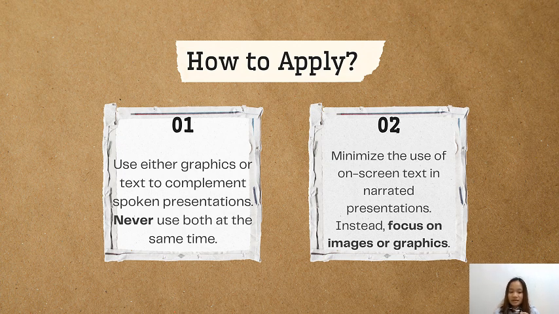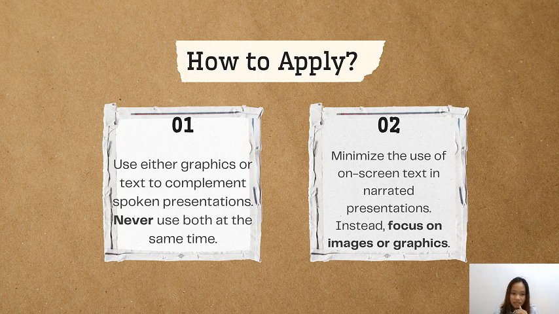Next step, minimize the use of on-screen text in narrated presentations. Instead, focus on images or graphics. Just like what I have stated earlier, there are a lot of common mistakes among presenters that they read from the slides.